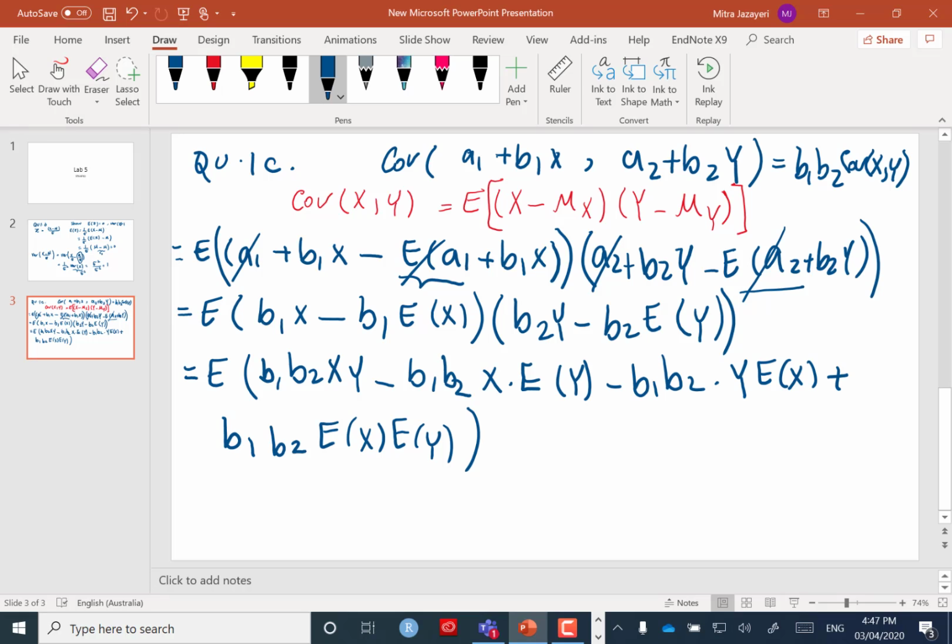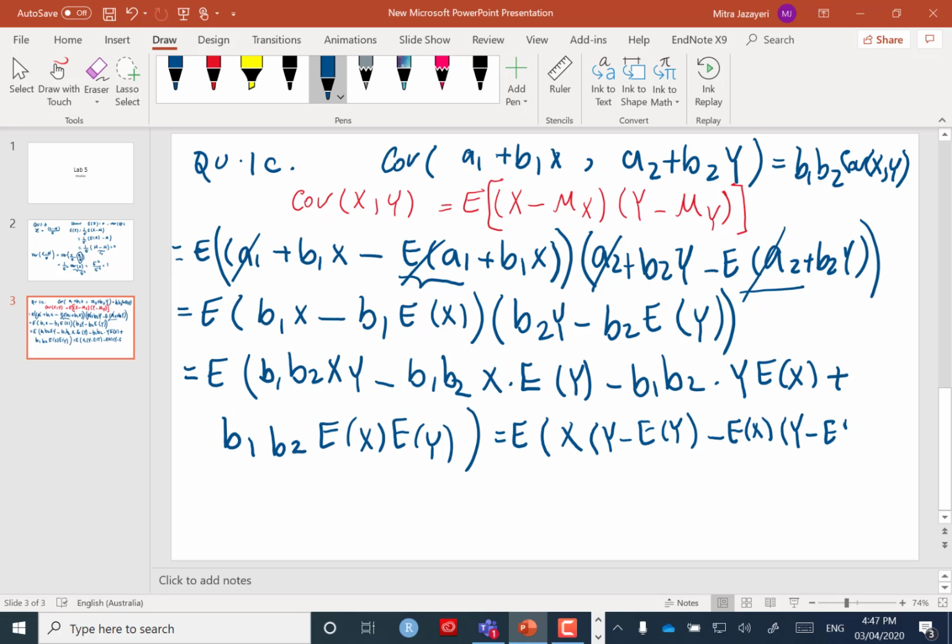It becomes equal to, if we just rearrange them, b1, b2 times expectation of xy minus expectation of x times expectation of y.